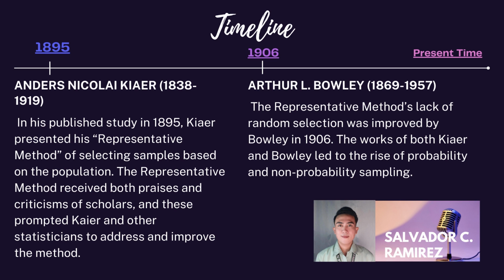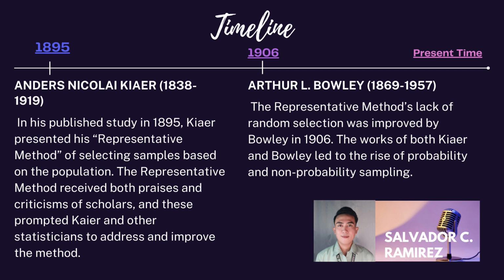The representative method received both praises and criticisms of scholars, and these prompted Kiaer and other statisticians to address and improve the method. So a while ago, we talked about the history of sampling, and Anders Nikolai Kiaer is actually the one who presented the representative method. So we give him the credits.